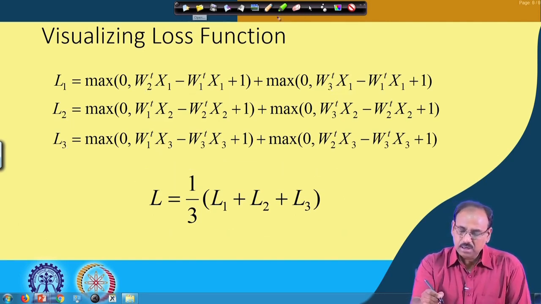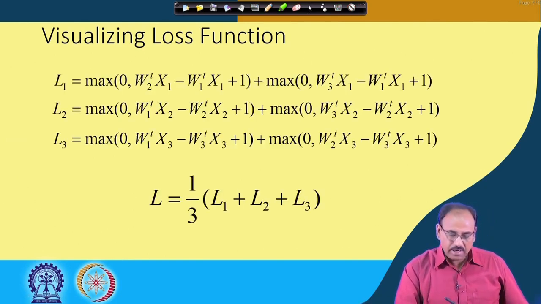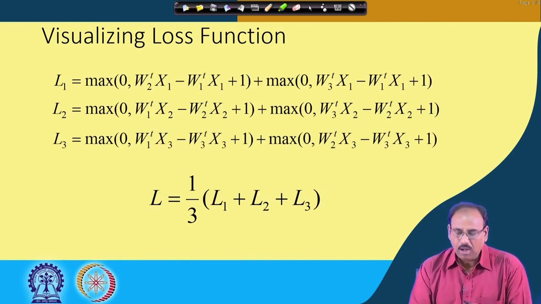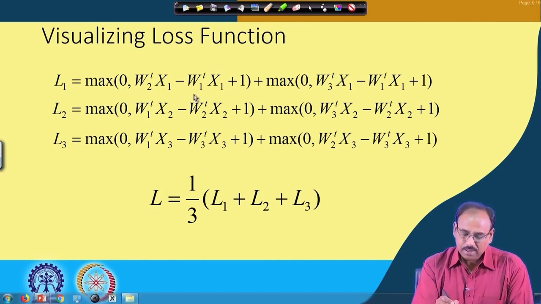So, given this, if we try to visualize how this loss function is, in case of L1, if W1 is very small, then W2 transpose x1 minus W1 transpose x1 will be positive, assuming that W1 transpose x1 is less than W2 transpose x1. So, the output of the loss function will be positive, which is max of 0 and this.